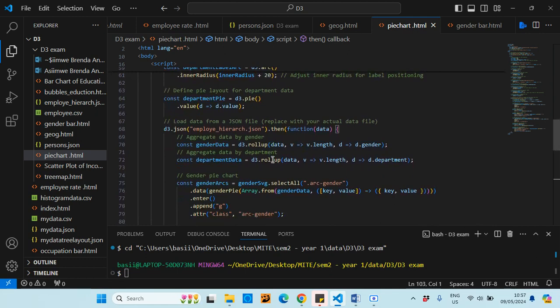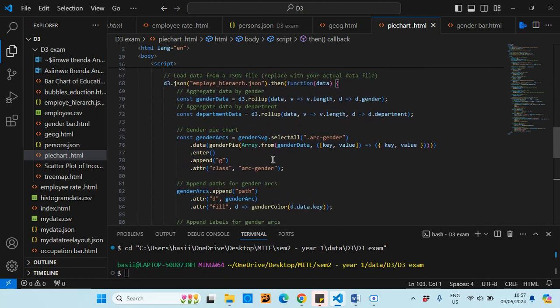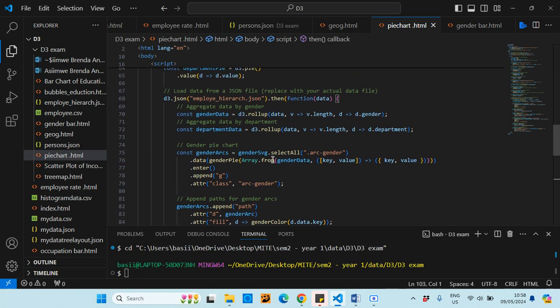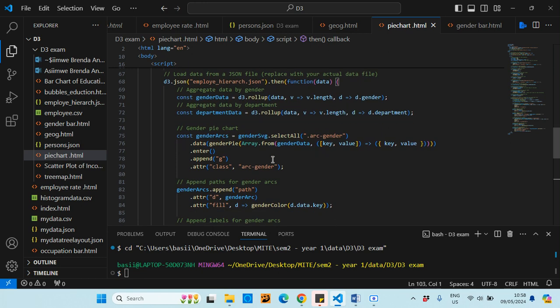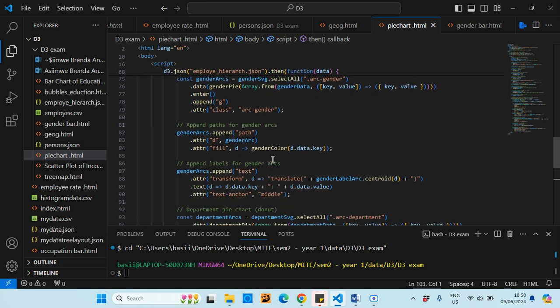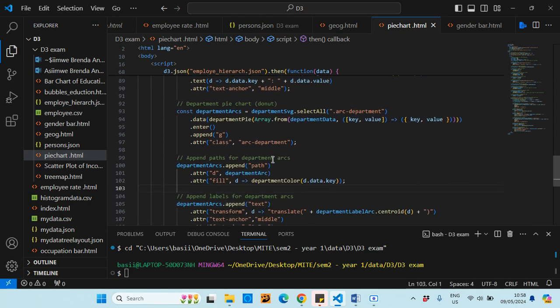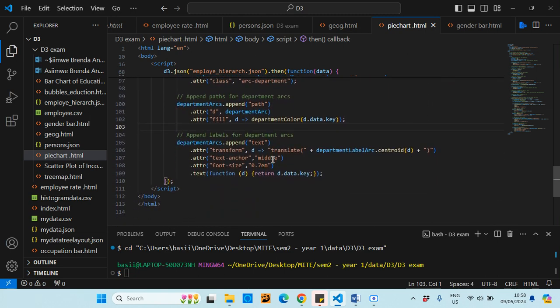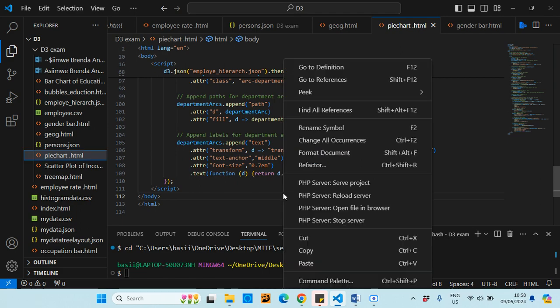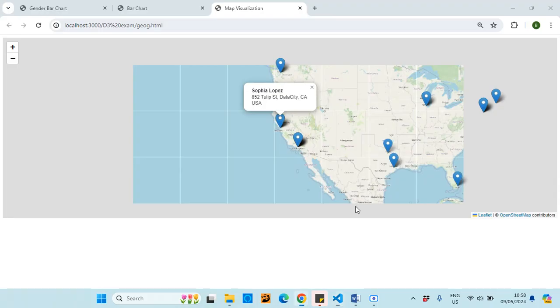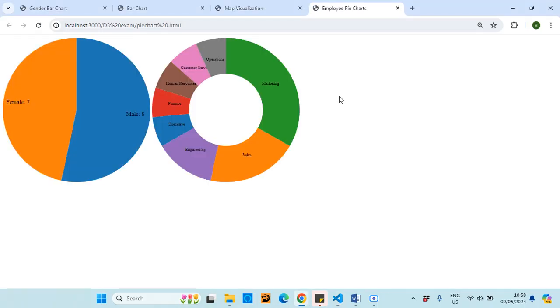Then we load the data, and we create, basically it's just the same thing, having the different arcs. So when we run that, this is what we end up getting. We have one for males, having 7 males, and one for females.